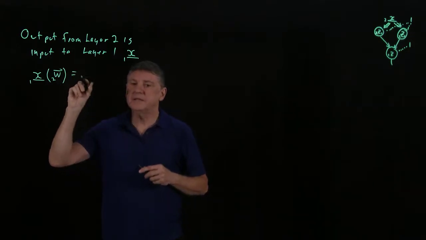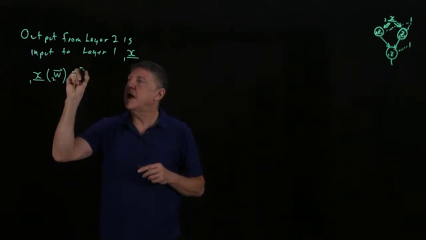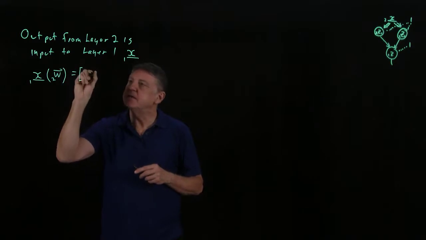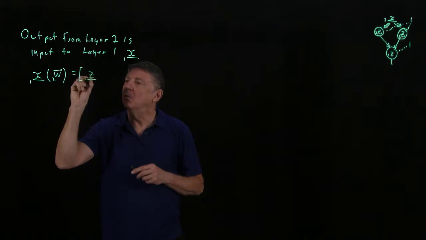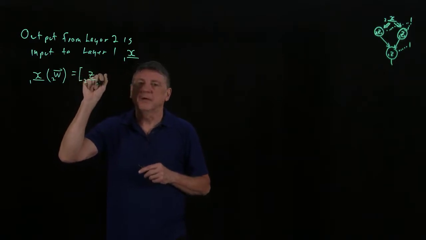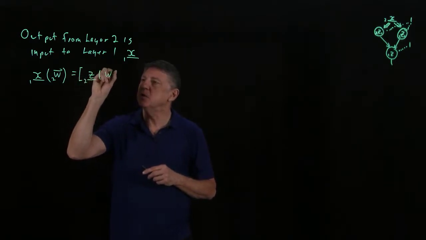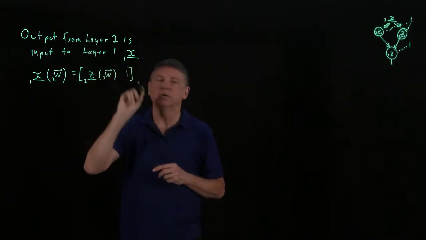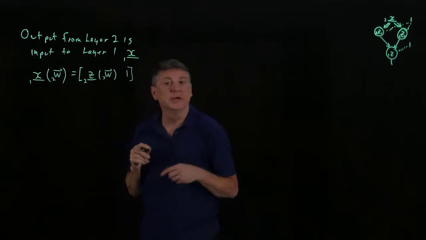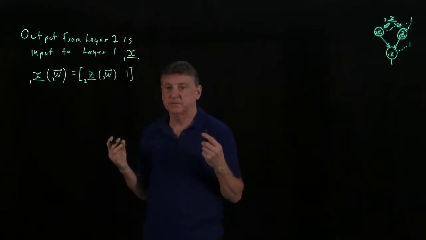And we can write this as, we can say that that is the one form from layer 2 that depends on those layer 2 weights, and then we append a 1 onto it to account for the bias term in our hyperplane computations.